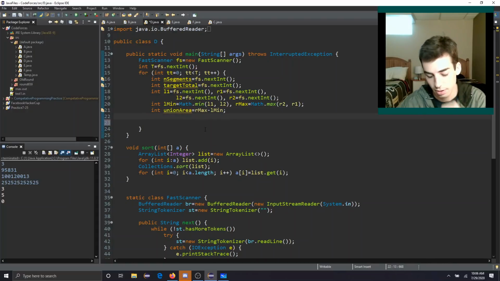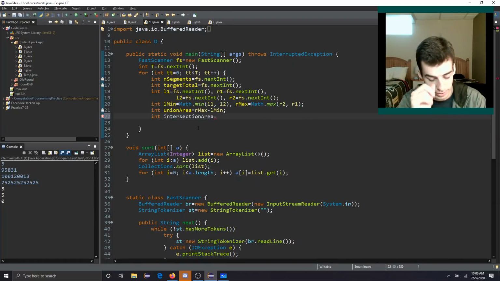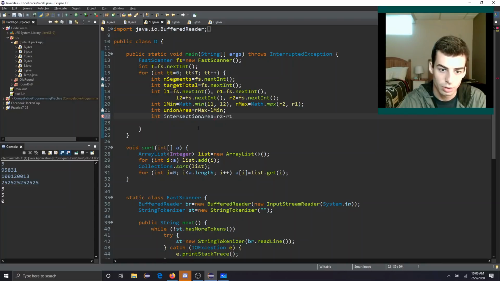Okay, so now we have this. We also want the intersection area. So int intersection area is R1 minus L1 plus R2 minus L2.